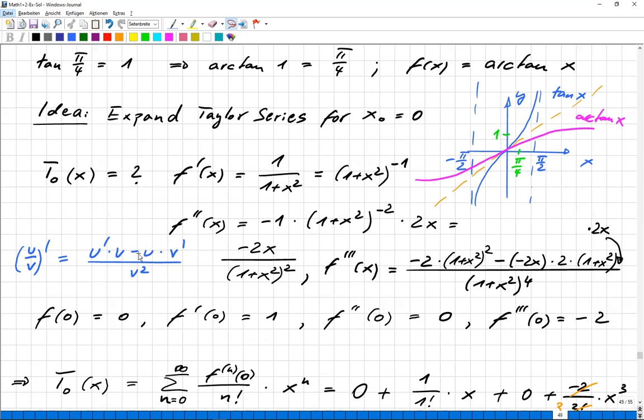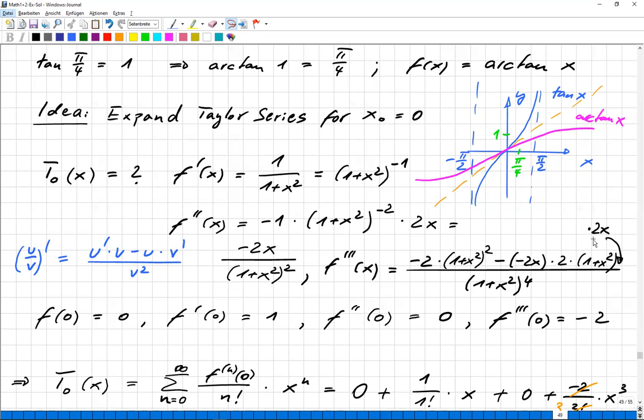U stays as it is, and then multiplied by v prime, which is this time this parenthesis squared differentiated. So let's use the chain rule again. Exponent of 2 gets a factor, here it is, 2 times, then parenthesis term to the power of 1, so just this term. And then don't forget again to take the inner derivative by the chain rule, which is again a factor of 2x.